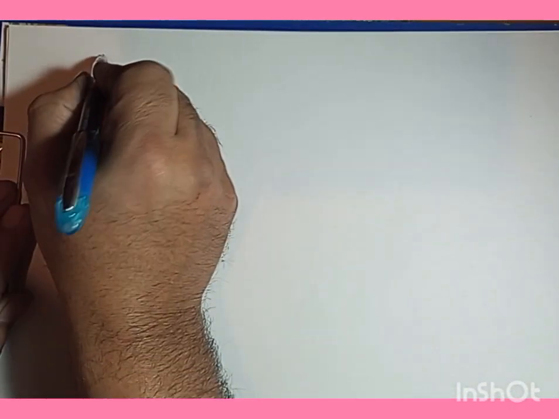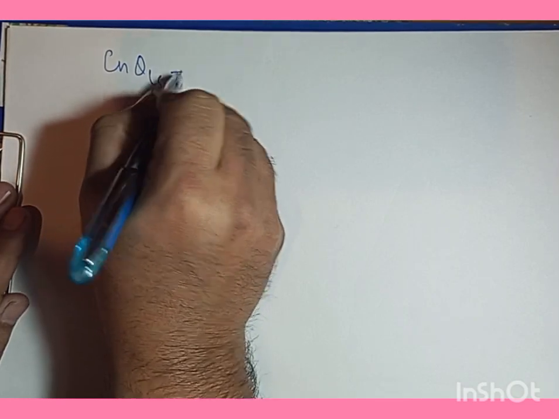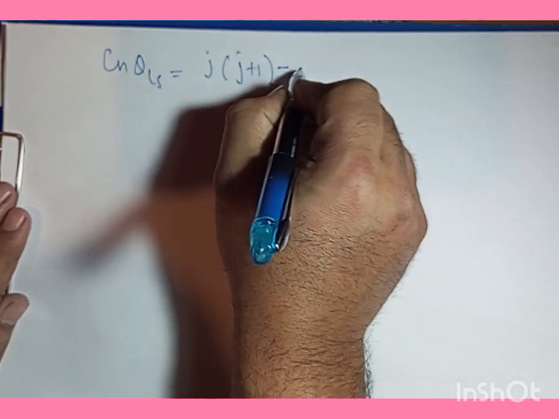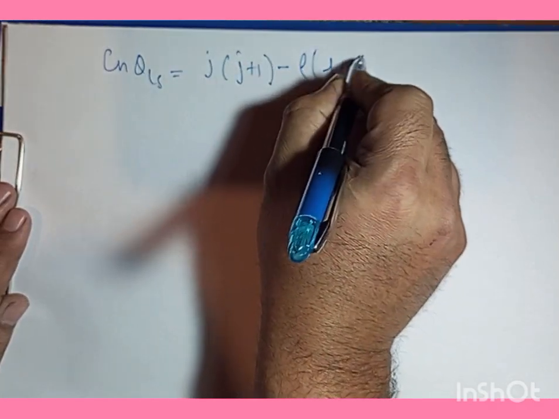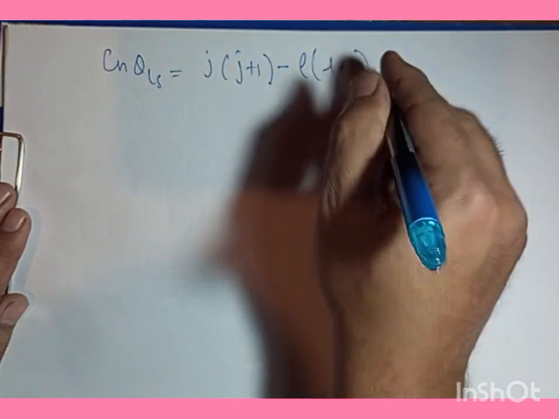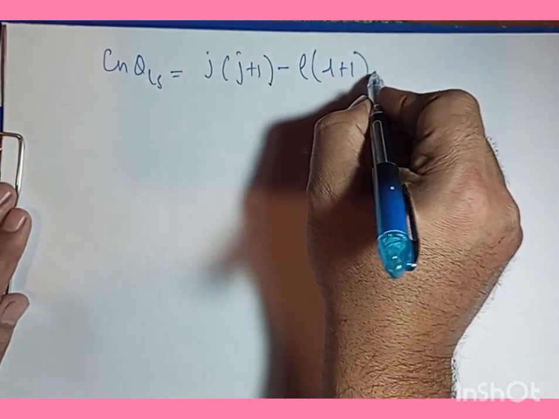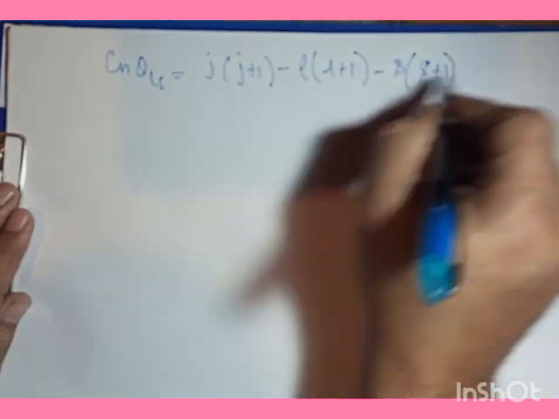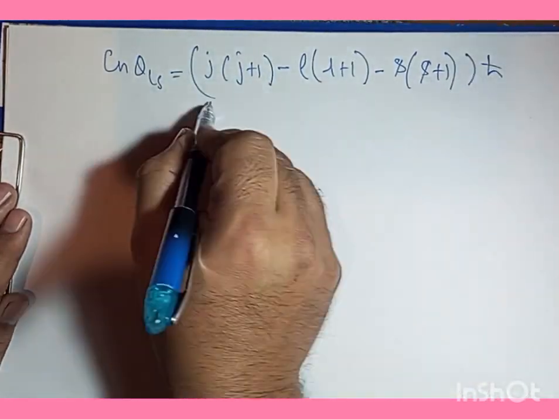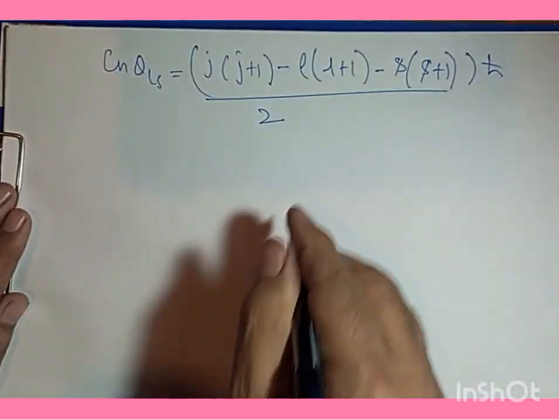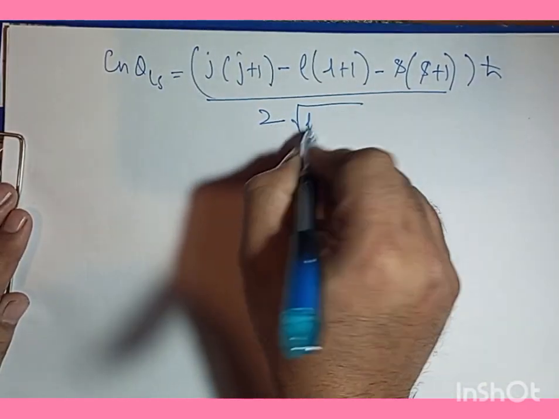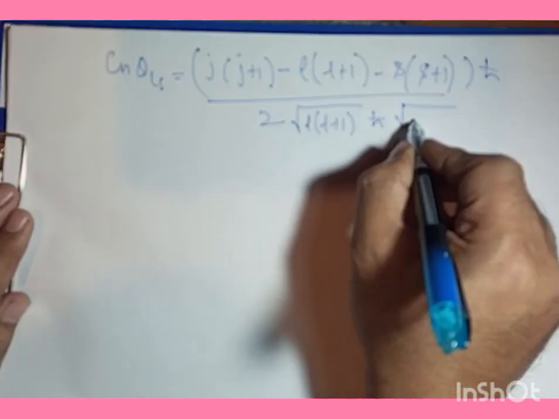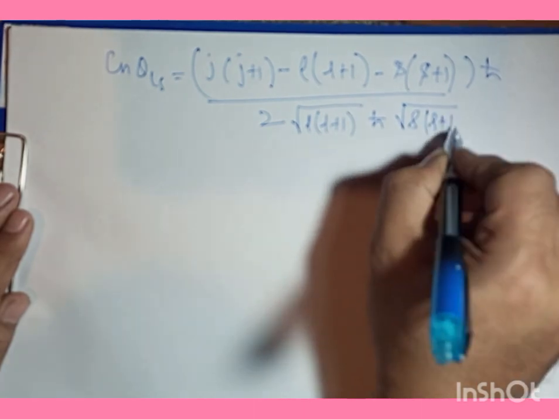And what will that be? Cos theta LS is, for J square, J times J plus 1, minus, for L square, L times L plus 1, with everyone having H cross squared, which I'll put at the last, and minus S times S plus 1. Divided by 2, L is the root of L times L plus 1 with H cross, and S is the root of S times S plus 1 with H cross.